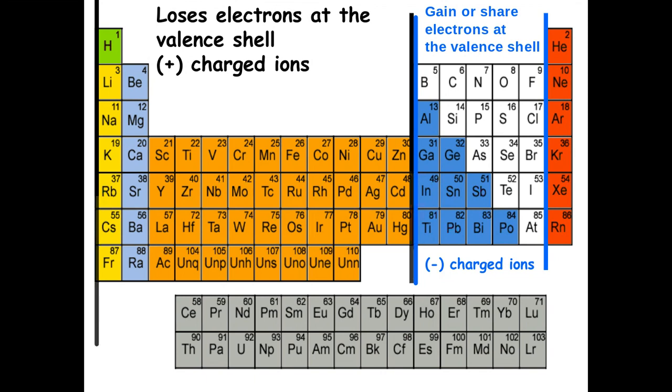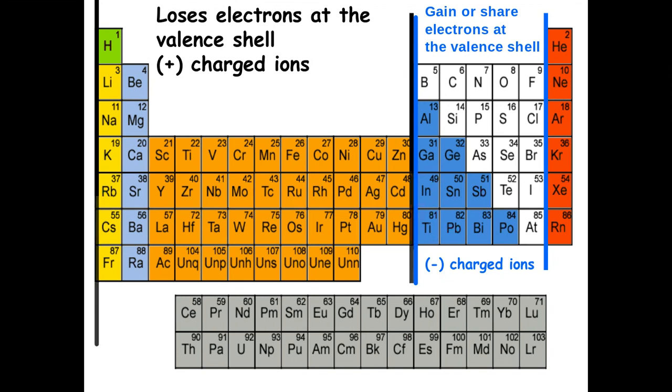So in the science of minerals and mineralogy, most minerals are a combination of metals and non-metals, where we lose and gain electrons to satisfy the valence shell. Another term that I want to incorporate into this slide, and it was in the previous slide but I don't think I went over it, is that when we lose electrons and become positively charged ions, these are known as cations, C-A-T ions, cations.